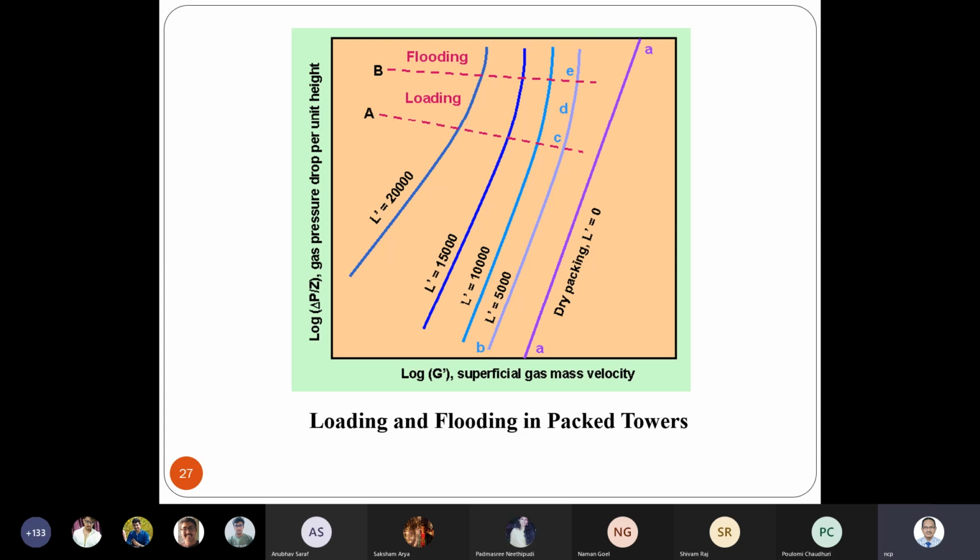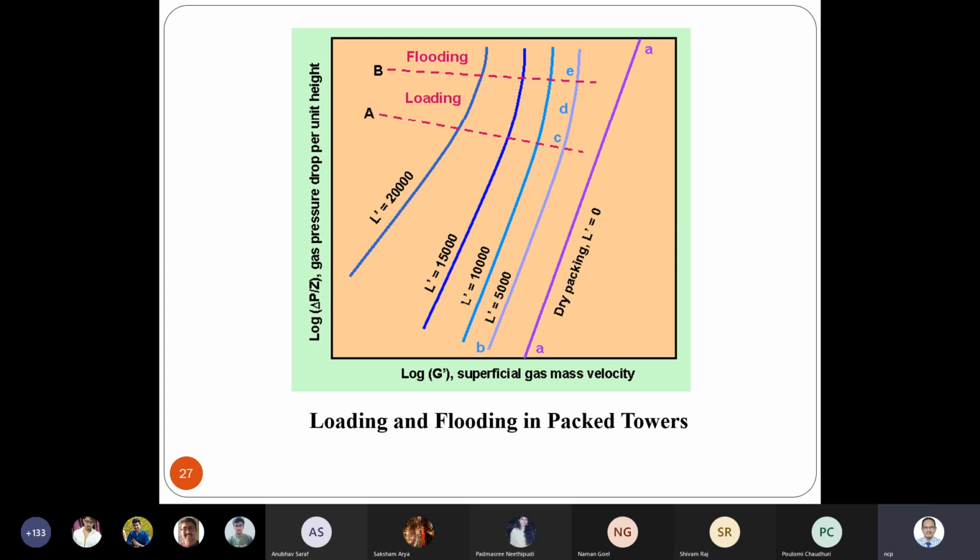So it may be difficult to control. That's why we always try to operate the tower in this zone, the lower region of the loading or just below the loading zone, for safety. So this is very important, that loading and flooding phenomena in case of packed towers.